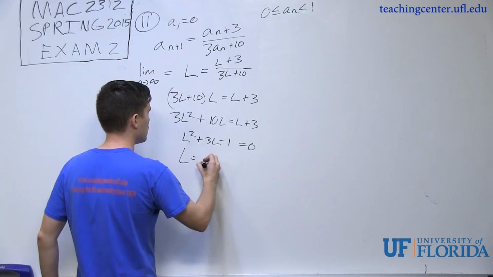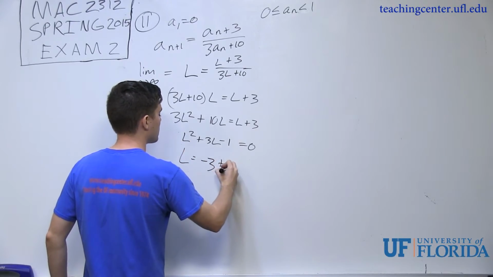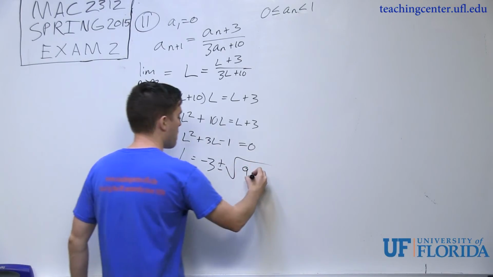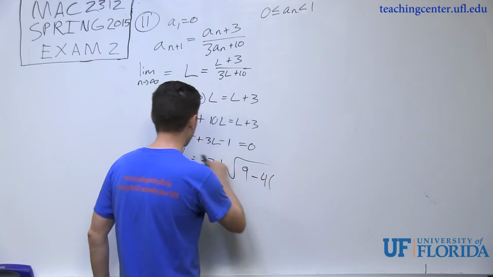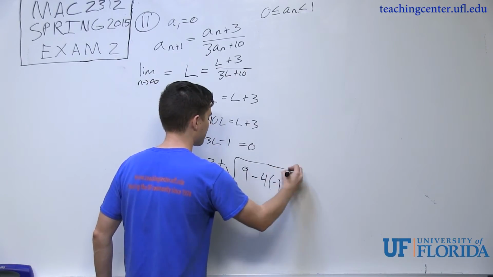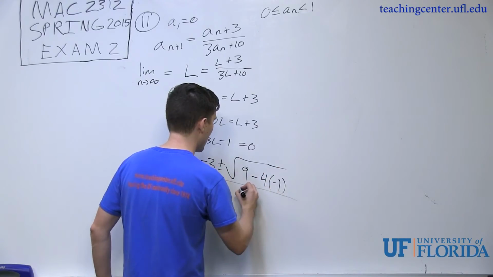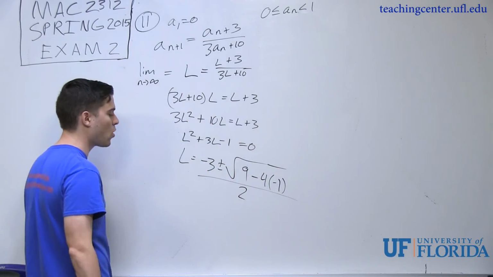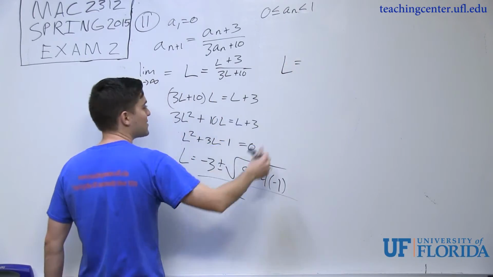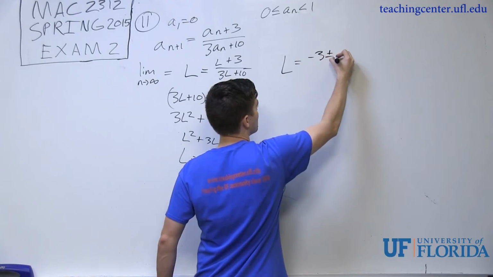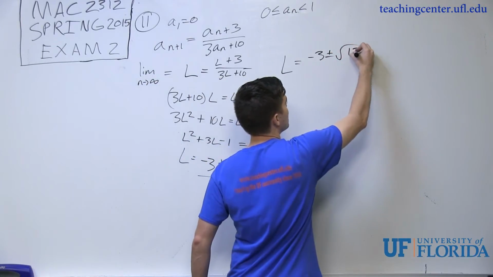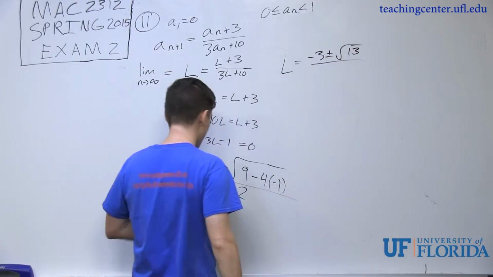So L is equal to negative 3 plus or minus the square root of b squared, which is 9, minus 4 times a, which is 1, times c, which is negative 1, all over 2a, which is just 2 because a is 1 in this case. So my L value ends up becoming negative 3 plus or minus the square root of 9 plus 4, which is square root of 13, over 2.